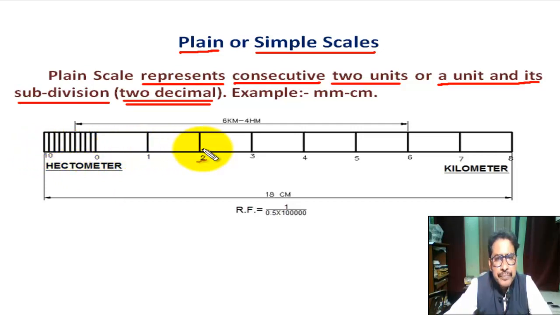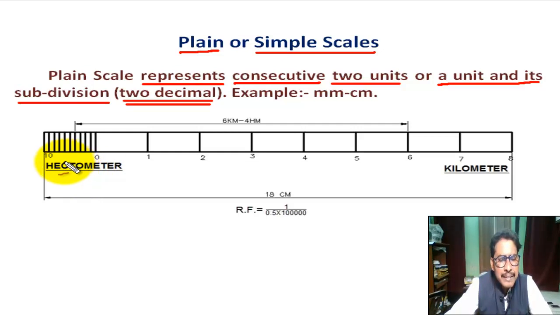Here, the bigger division represents 1 kilometer. All bigger divisions represent 1 kilometer, and this division is again divided into 10 equal parts. All subdivisions represent 1 hectometer.